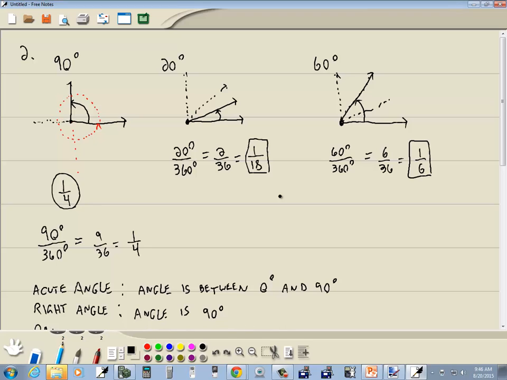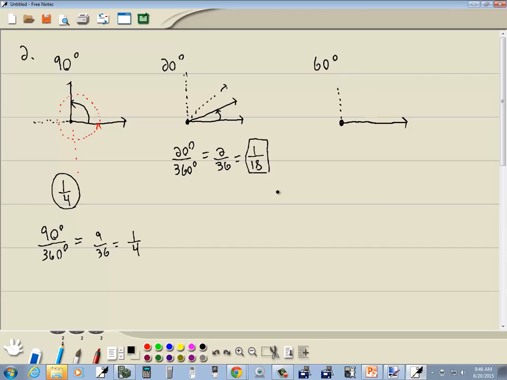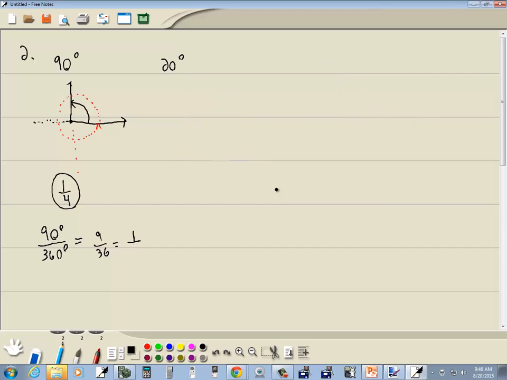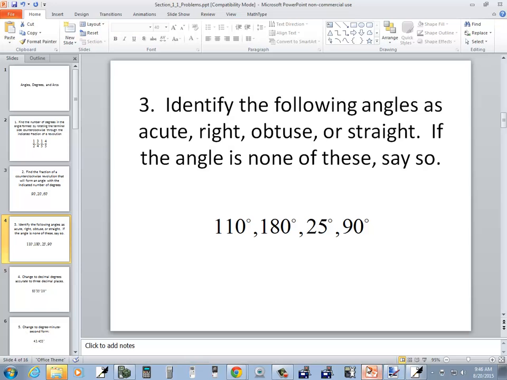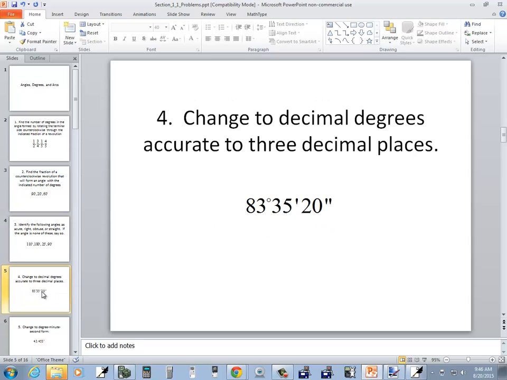Sometimes when I do a new page, it crashes this tablet. But if I do a Control Z over and over, it eventually wipes out everything. Okay, so let's take a look at this problem here.